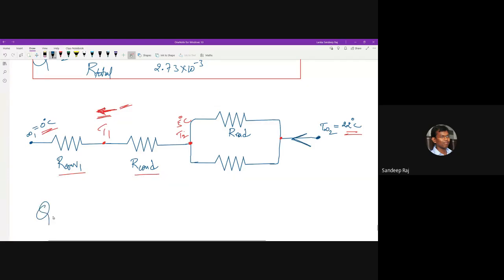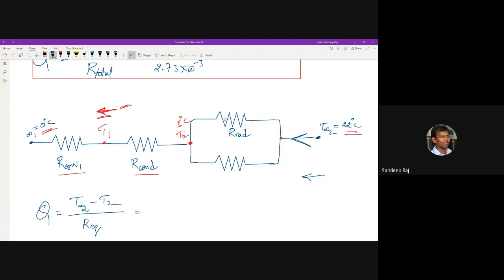So if you want to calculate the Q here, the Q will be like T1, or you can take T infinity 2 minus T2. I am coming from this direction by R equivalent I will take.